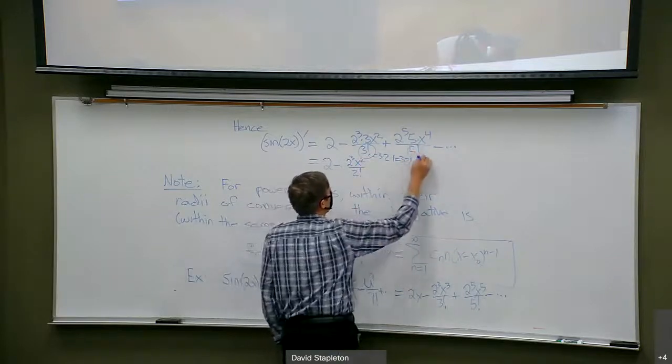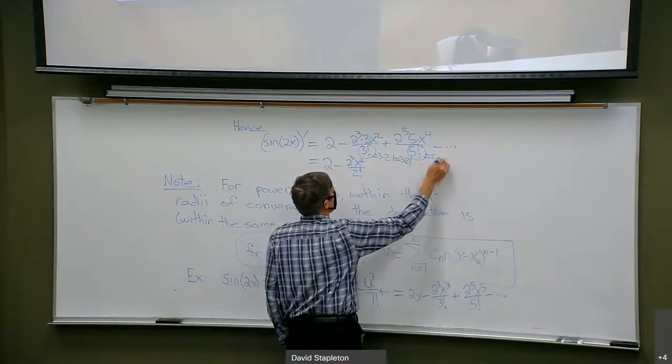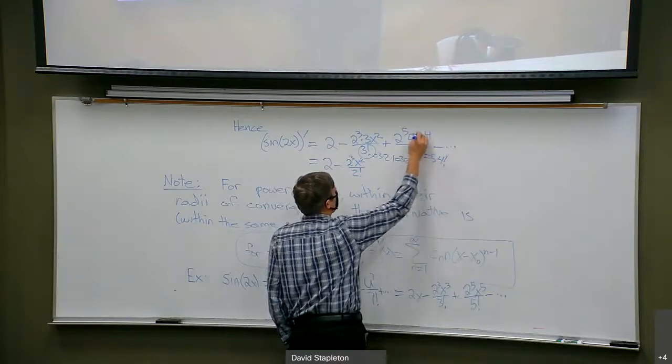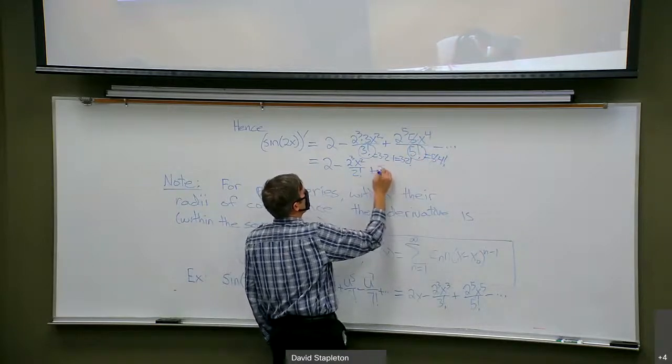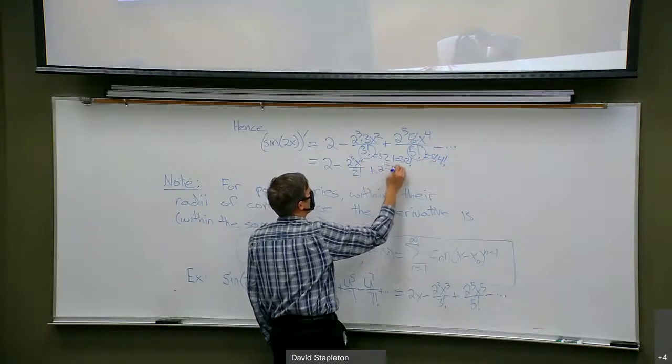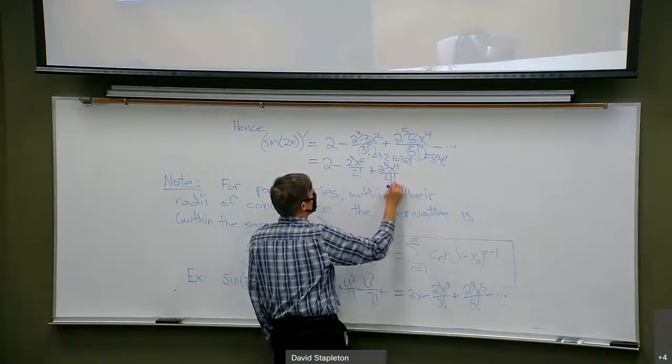And then here, 5 factorial is 5 times 4 factorial. So I cancel this 5 for this one and call this 2 to the 5th x to the 4th over 4 factorial.